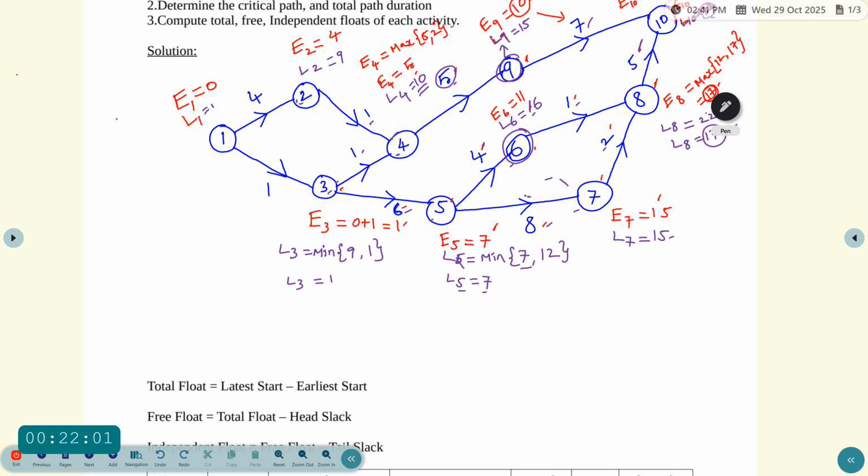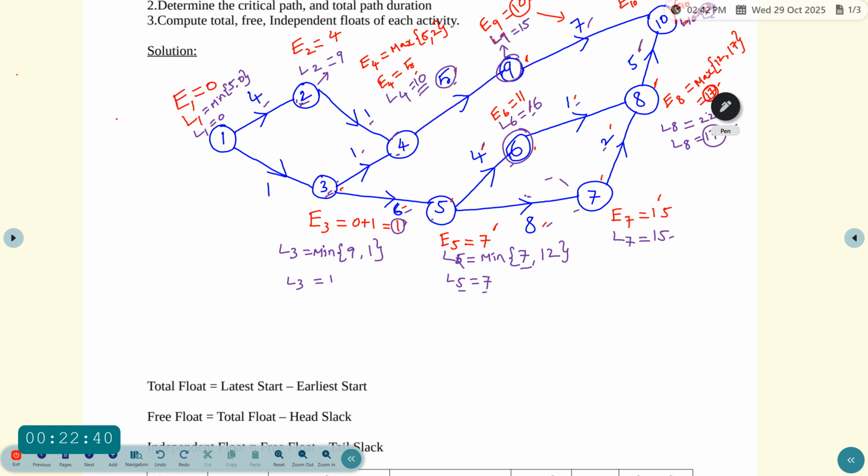So using the formula minimize of, first event 2, L2 value is equal to 9. So 9 minus the duration 4, 5, comma, and then another event which is 3. L3 value 1, and duration 1, 1 minus 1 is equal to 0. Which one is minimum? 0 is the minimum. So L1 equal to 0.